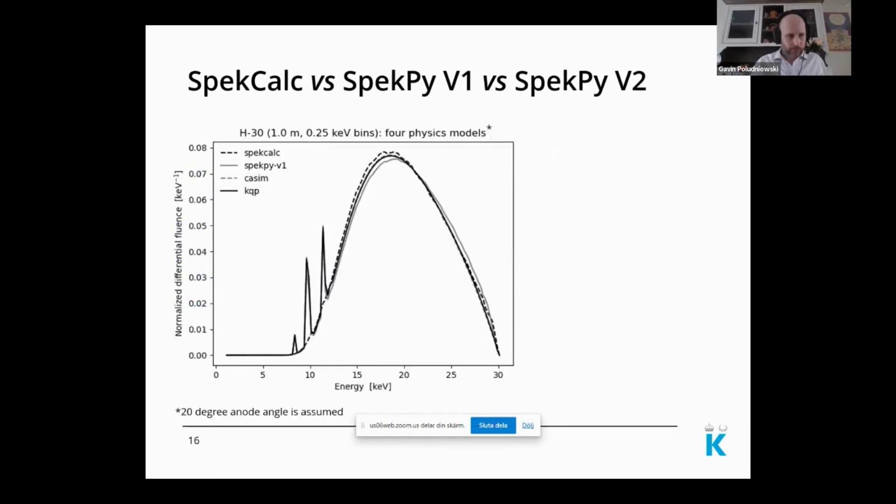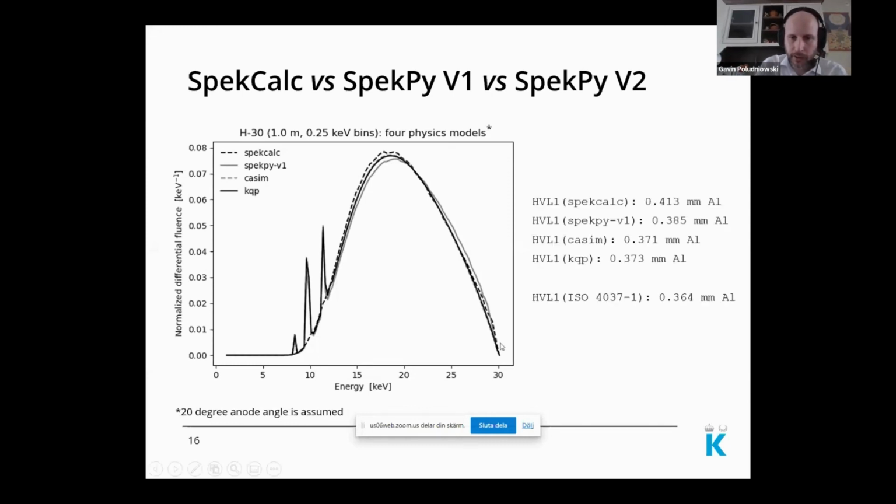Here's an example for SpecCalc versus SpecPy version 1 and the KSIM and the KQP models. You can see that the dashed line, SpecCalc, is a little bit higher at the high energy tip, and it also has no L lines, whereas SpecPy version 1 exaggerates even more at the high energy tip.